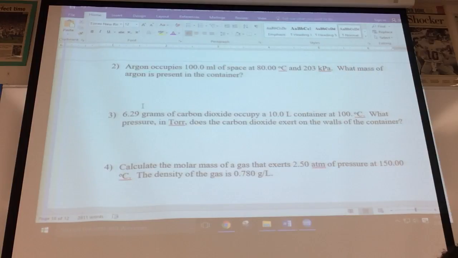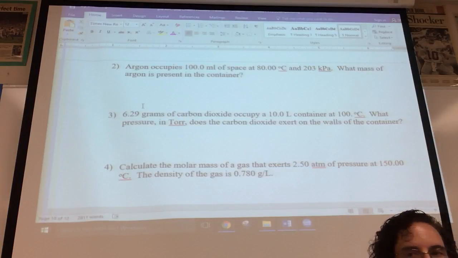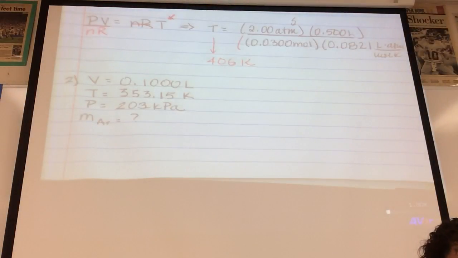Next. 203 kPa is the pressure. Good. And they're asking for the mass, so that's little m, right? Oh, yeah. So you can find it. All right, so that's what I've got. I was writing as she spoke. You can see what I pulled out. Make sure you pulled it out like I did.